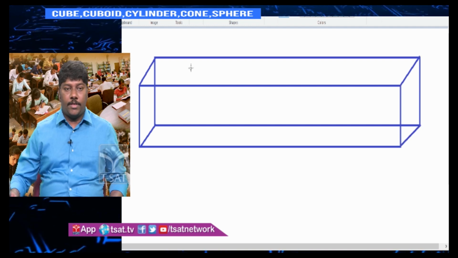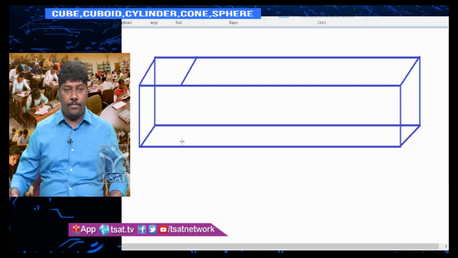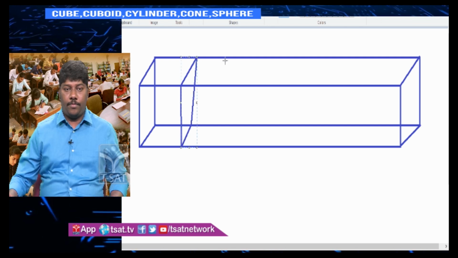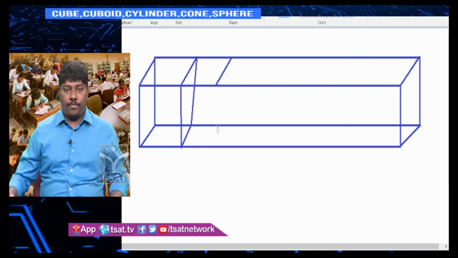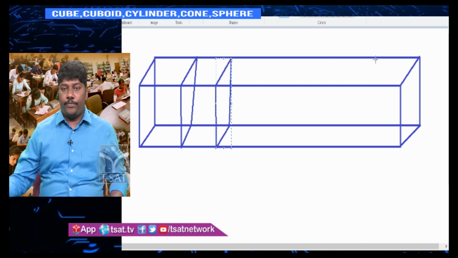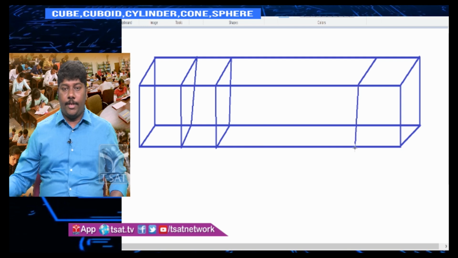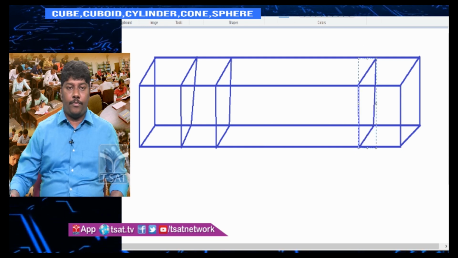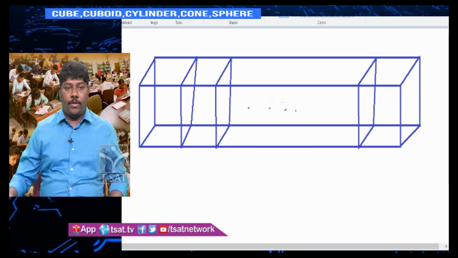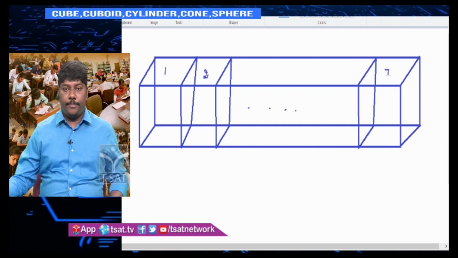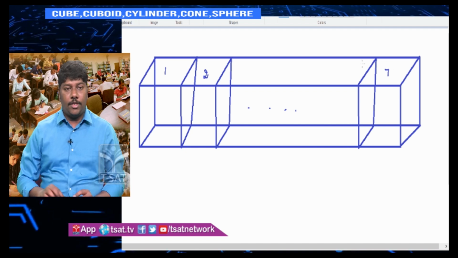You are joining 7 cubes like this. Cube 1, 2, then 7. So now it forms a cuboid.